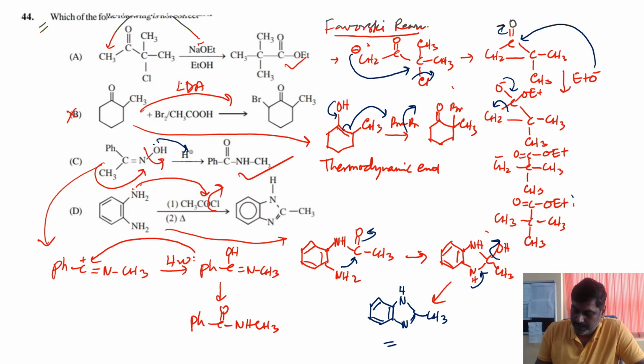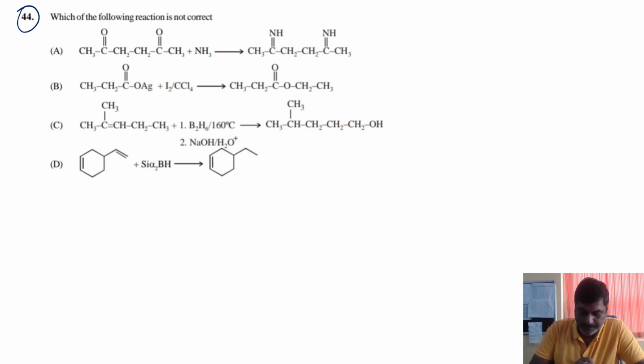Next question is 44. Okay, so very interesting. Which of the following reactions is not correct? CH3CO CH2CH2 CO CH3. This is a 1,4 diketo compound.